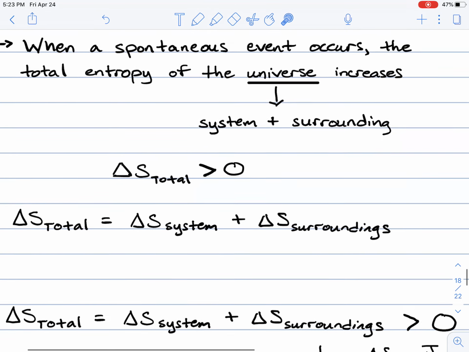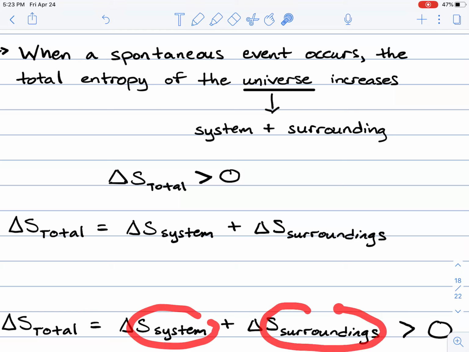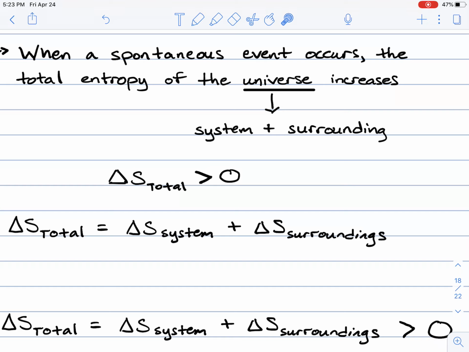When you combine these two statements, we get that the total entropy of the universe is equal to the sum of the entropy of the system and that of its surroundings. And we know that it's going to be greater than 0 because according to the second law of thermodynamics, the total entropy is going to increase.